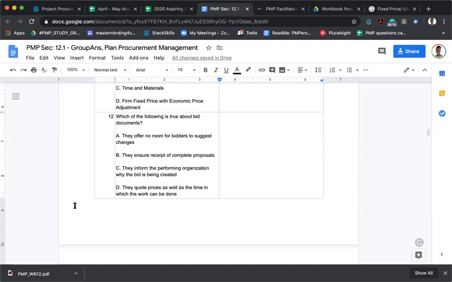And what about the quote process as well as the time in which the work can be done? No, I think we're the ones telling them, hey, we have 6 months to get this done, either you can do it in that or forget it. Usually we negotiate. If we're under the gun to get something done, we're going to go with whoever can get it done in that time frame and for that cost that we want to spend.